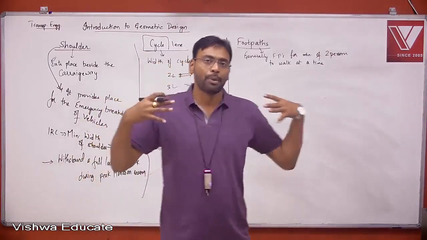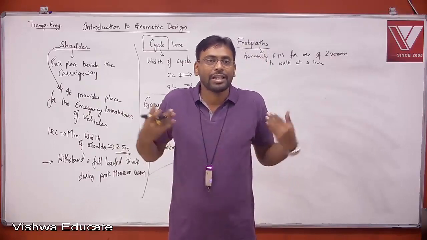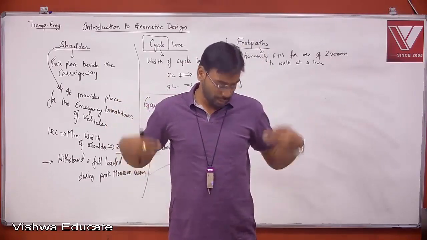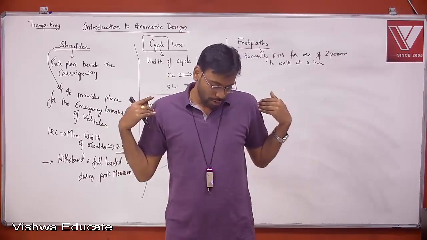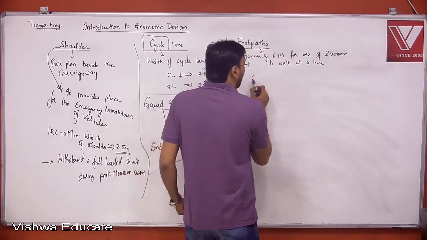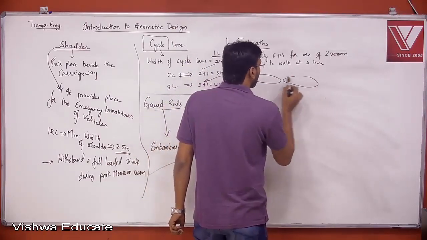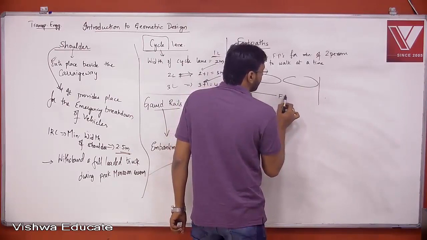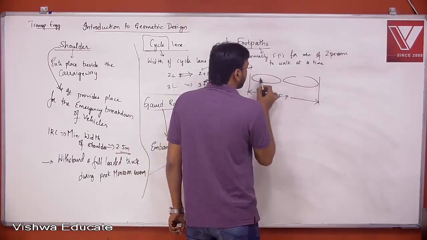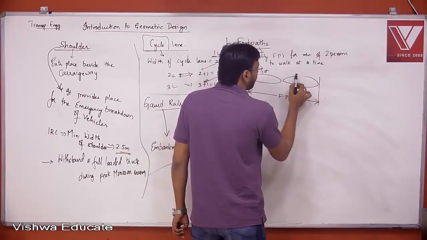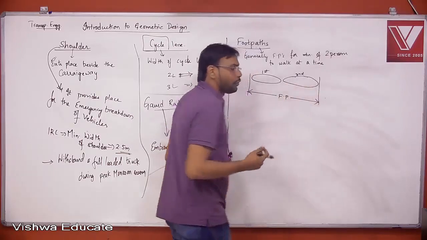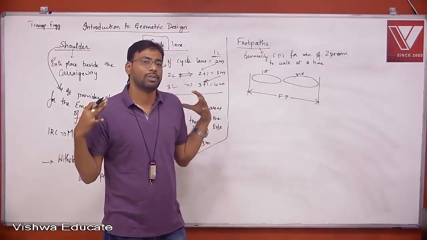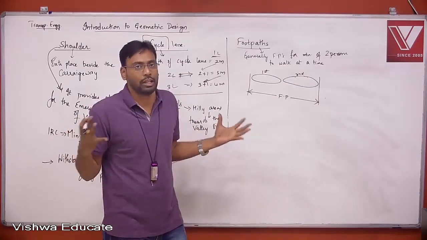If you take a particular person, the widest part of a person will be at the shoulder. This is the widest part, right? So 2 persons are there. A footpath is to be designed for 2 persons to walk at a time. So this is my first person, this is the second person. The width of the shoulder will be around 60 centimeters for a maximum value.